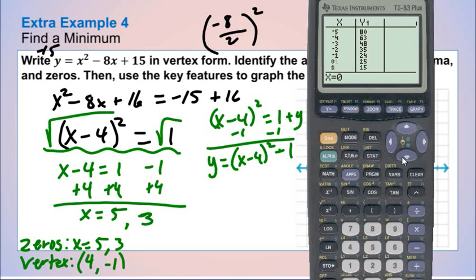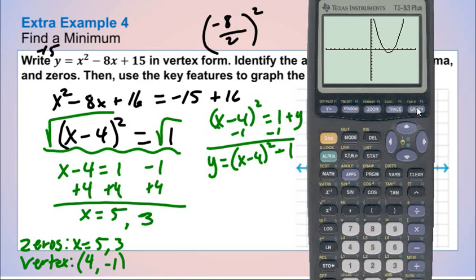My vertex is at 4, so if I want to go to 4, you can see I have 4, -1 here, which is my vertex because on each end they repeat. My zeros, x is 5 and x is 3. Now if I hit the graph button, you can see my graph right there.